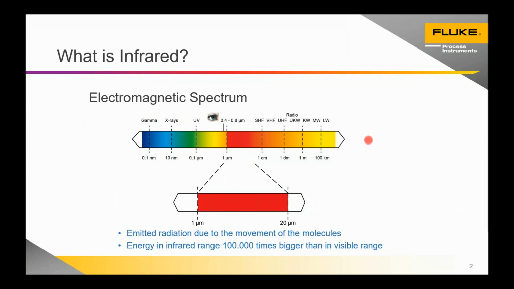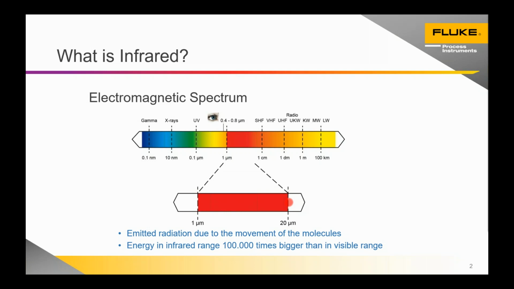Okay, right. What is infrared? It's simply part of the electromagnetic spectrum. For us, or for everybody, it exists between the visible spectrum and radio waves. Scientifically, infrared extends up past what we're describing here as 20 microns.